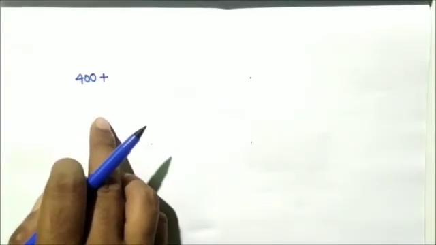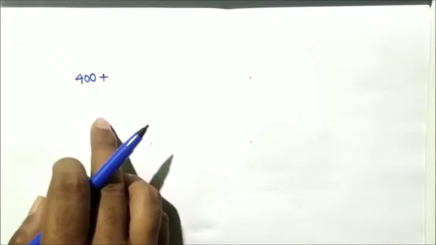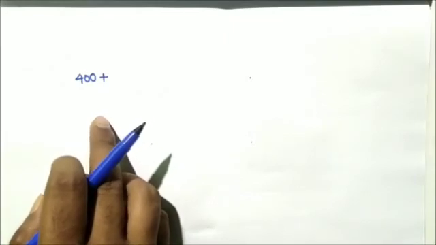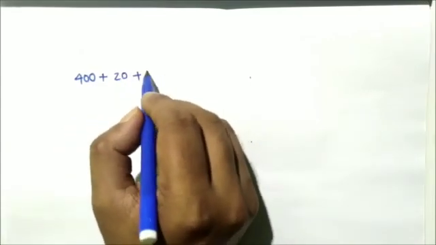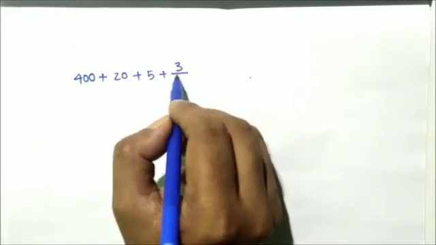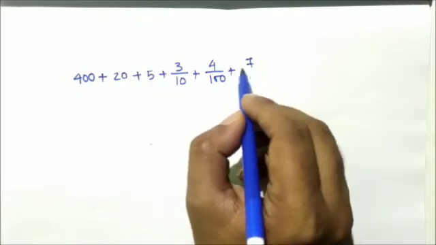Suppose the question says write in decimal form, and you are given 400 plus 20 plus 5 plus 3 by 10 plus 4 by 100 plus 7 by 1000. I'm taking this question from a classwork given in your book, on page number 100 in my book, but I think it is the same book you are using, Learning Composite Mathematics 5.